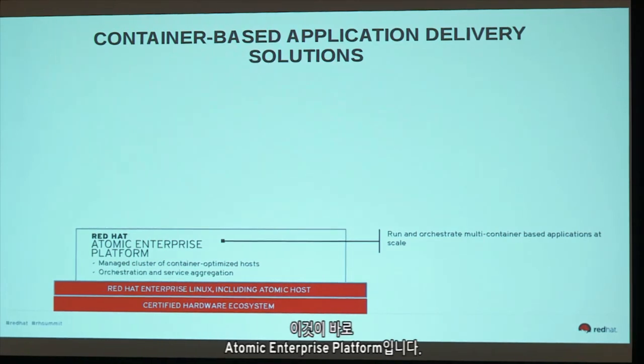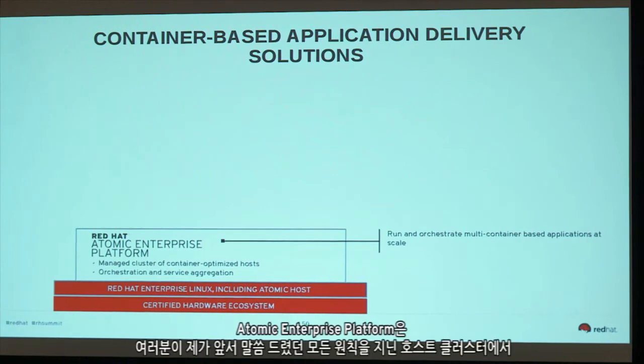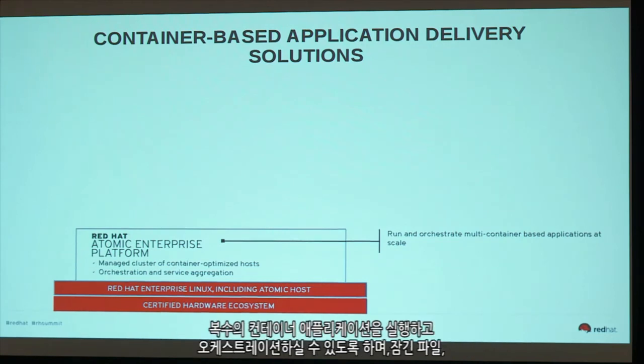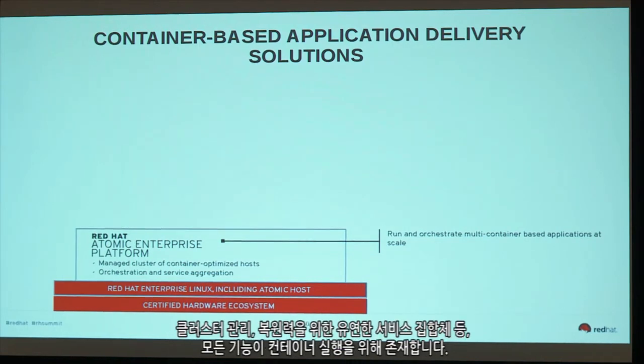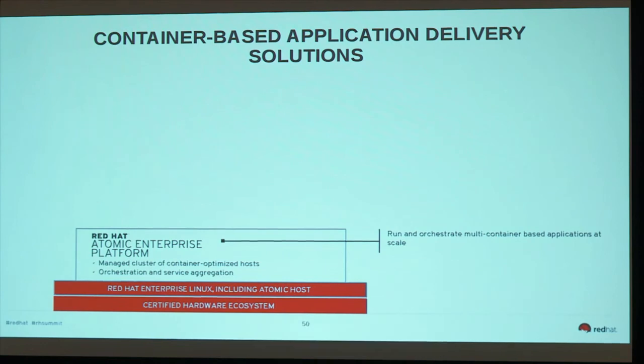And this is Atomic Enterprise Platform. Atomic Enterprise Platform allows you to run and orchestrate multi-container applications across a cluster of hosts. Remember the principles I talked about: elastic, service aggregation for log files, cluster management, resiliency. All these capabilities are there for running containers.